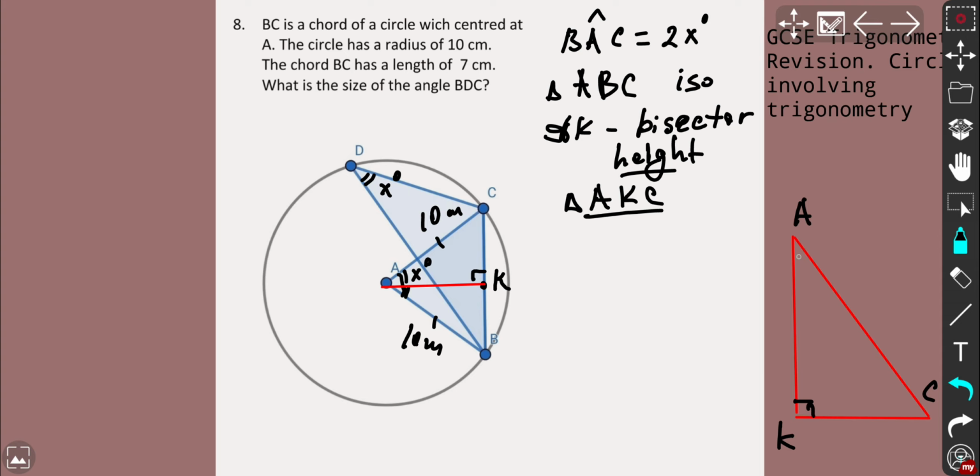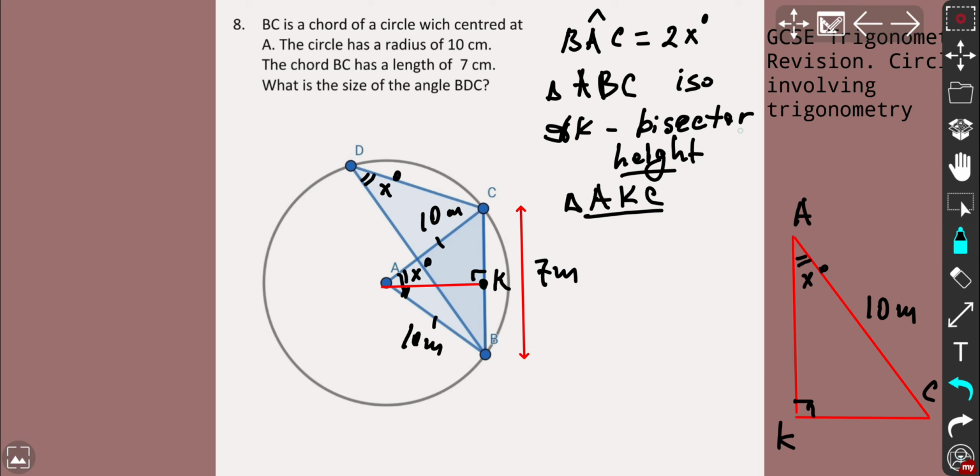So the full central angle A is going to be 2x, and half of that is x. What about the sides? We've got this as the radius, and the total length for KC is going to be 7 meters.